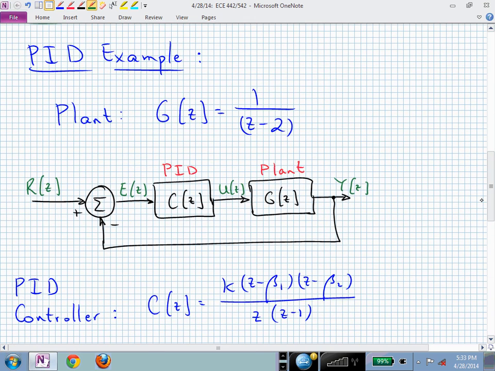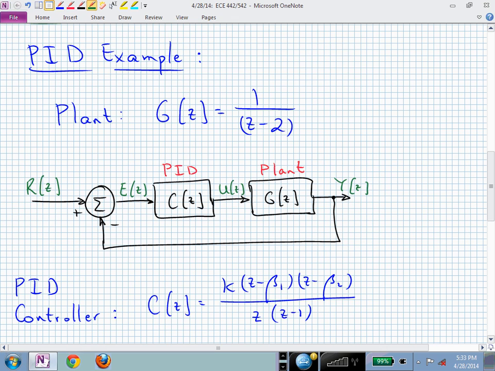Here is our PID controller from before. We had an unstable plant, a pole at Z equal 2 in this negative unity output configuration. Our controller is in series or in cascade with the plant.